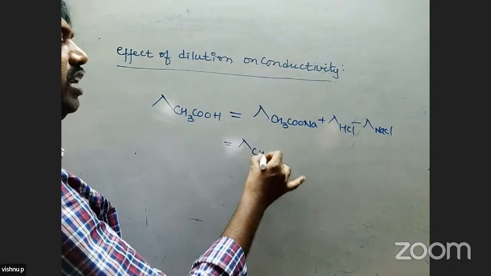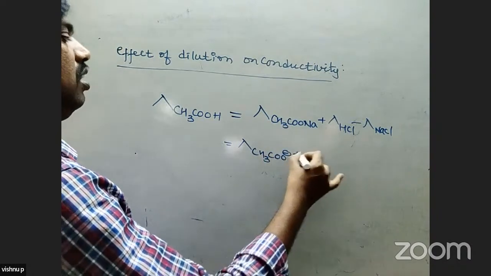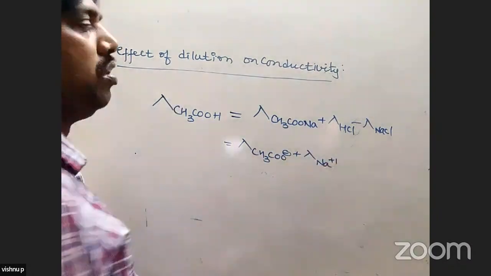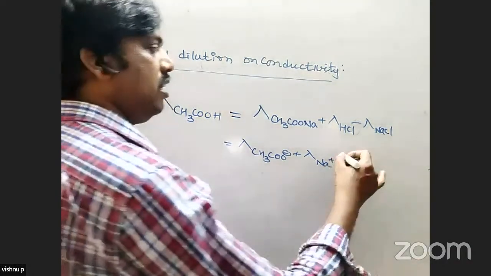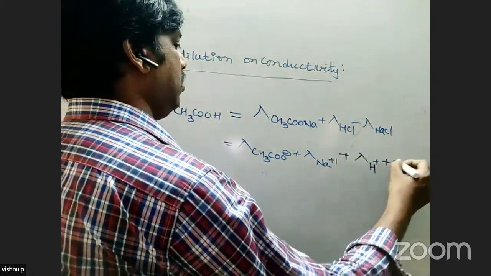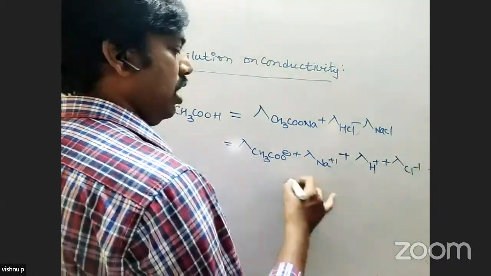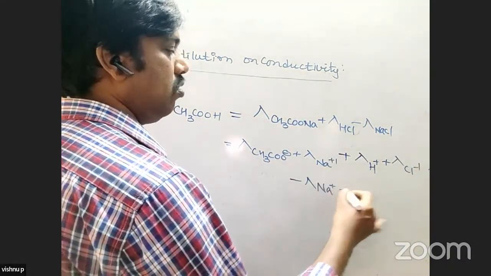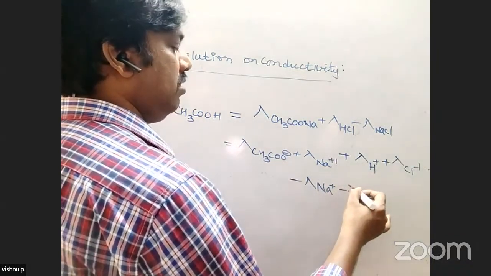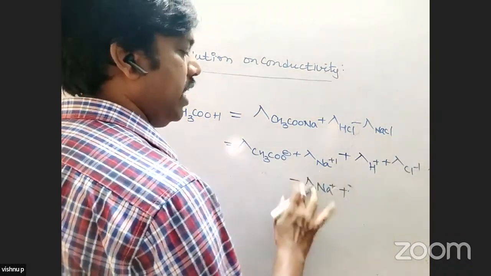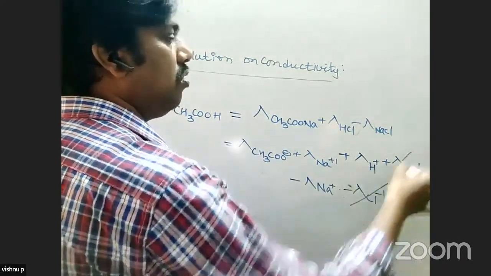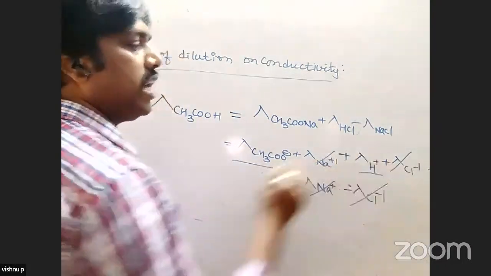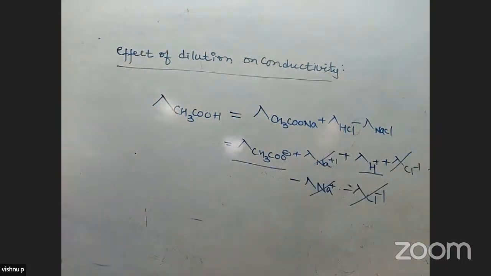Here CH3COONa is dissociated into CH3COO minus and Na plus, because it is a salt of a strong base and weak acid, so it is completely dissociated. HCl is a strong acid, also dissociated into H plus and Cl minus. NaCl is also a strong electrolyte, dissociated into Na plus and Cl minus, and we subtract the conductivity of Na plus and Cl minus. So from this we get the conductivity of acetate ions and H plus ions.